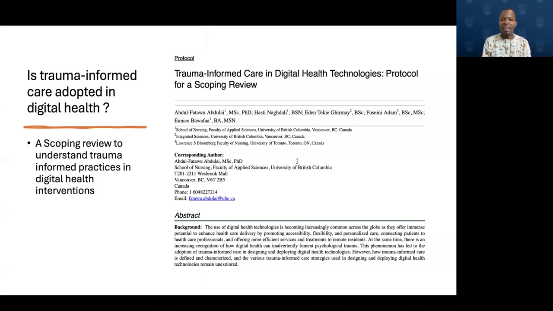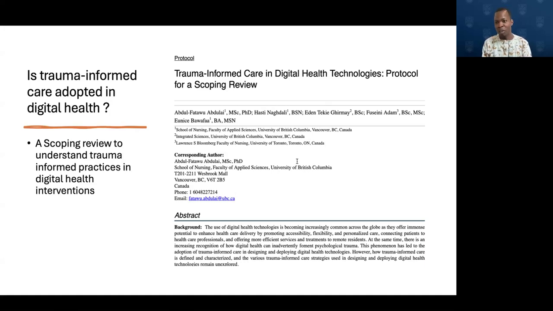In order to understand the extent to which trauma-informed design is being adopted in digital health, we decided to conduct a scoping review to ascertain the current state of the literature that has adopted trauma-informed care in digital health, or that has provided recommendations for trauma-informed design of digital health technologies.